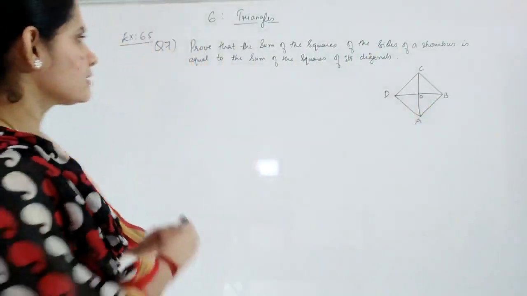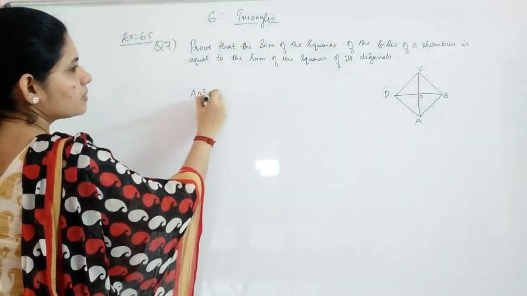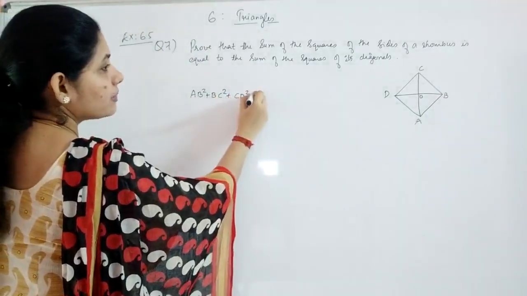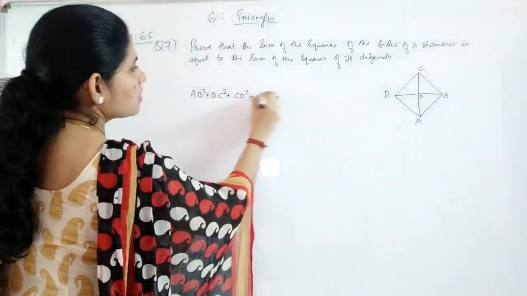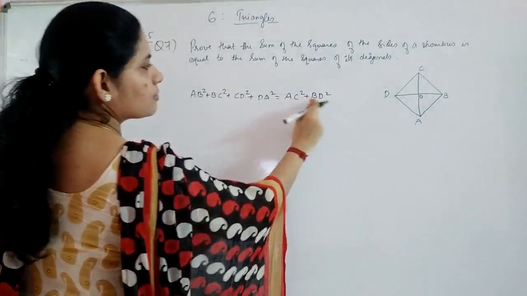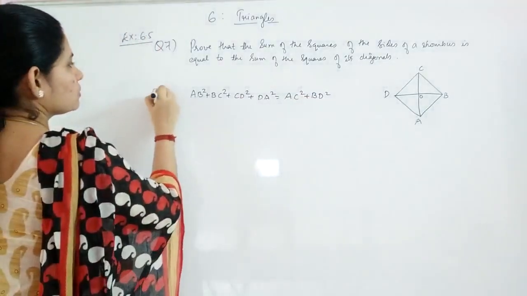So you have to prove that AB square plus BC square plus CD square plus DA square is equal to AC square plus BD square. These are the sum of the squares of your diagonals. So this is what you have to prove.